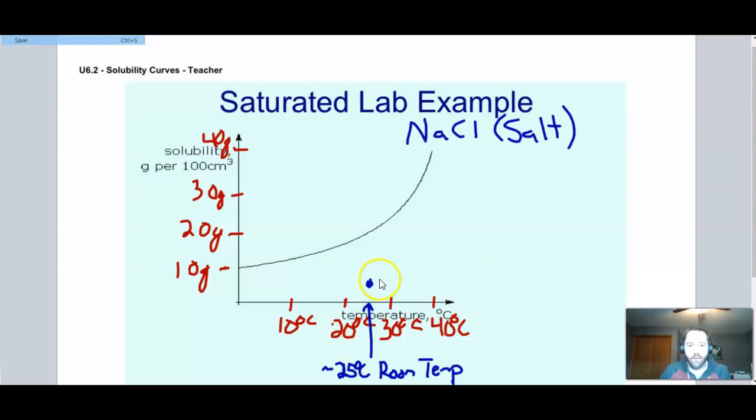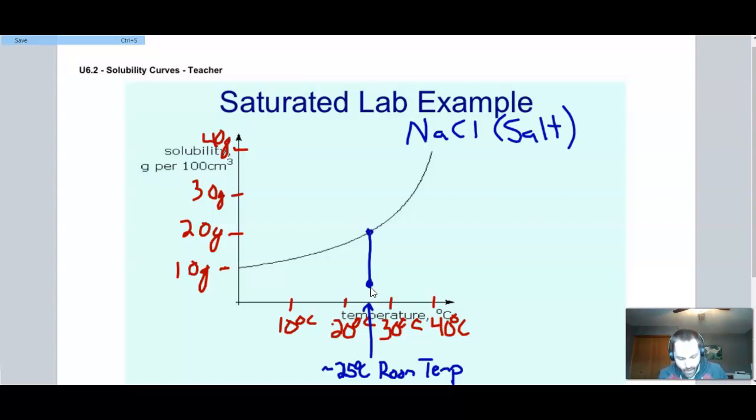I probably only dissolved a couple of grams of salt into there. So then as I dissolve more in there, my temperature is not changing. So I can put more and more salt in. And what's going to happen is I can stir this now. And as I dump that in, all I'm doing is this line is working its way up, working its way up, working its way up. And it'll work its way up to this saturation point.